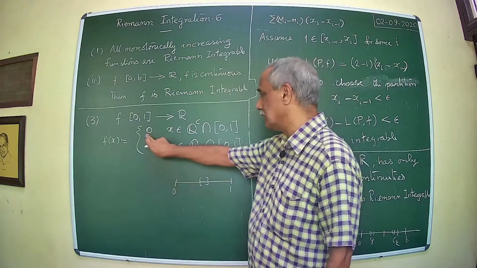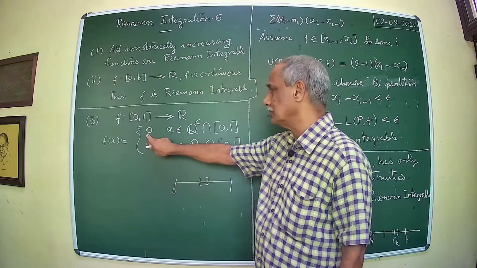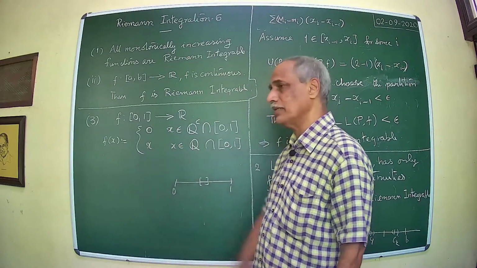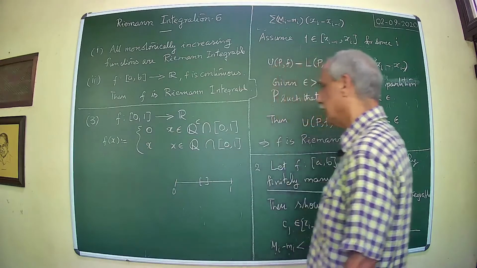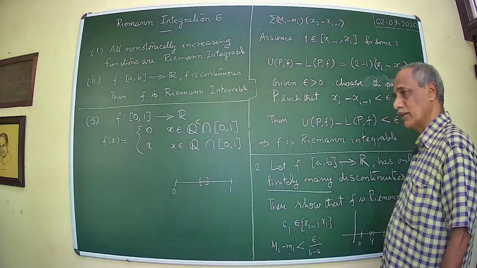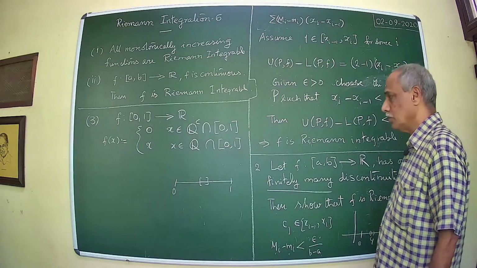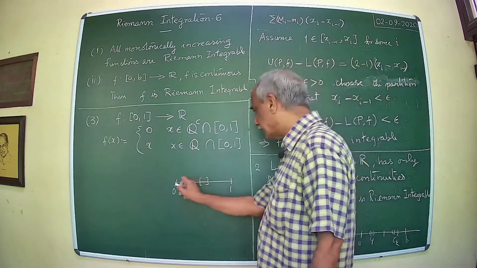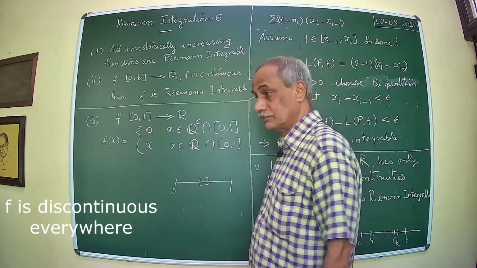At the irrational points we have assumed the function is 0, and at the rational points we have assumed the function to be x. So you see that it has discontinuity everywhere.